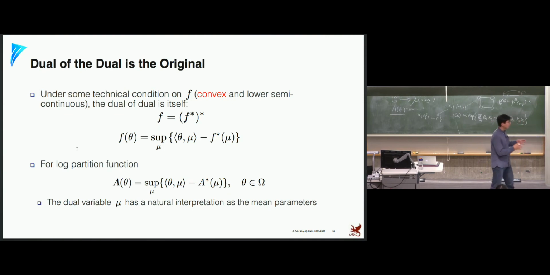And when we're trying to get A, we try to solve this right-hand side optimization problem, a supremum of something. And we'll later see that the maximum value attained at the right-hand side, so the argsup or argmax of mu, is going to be the mean parameter. So we're getting two birds with one stone. We're getting both mu and A at the same time.